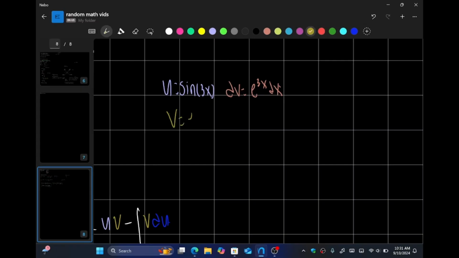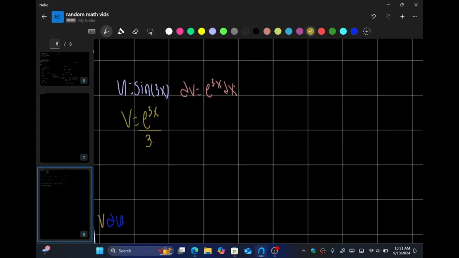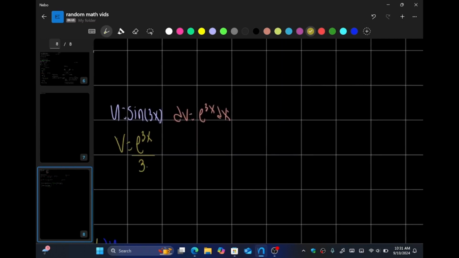So v is e to the 3x over 3. And then du, obviously, is going to be 3 cosine 3x. So du is 3 cosine of 3x dx.